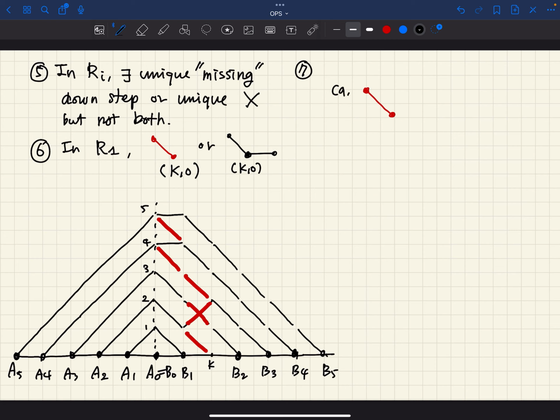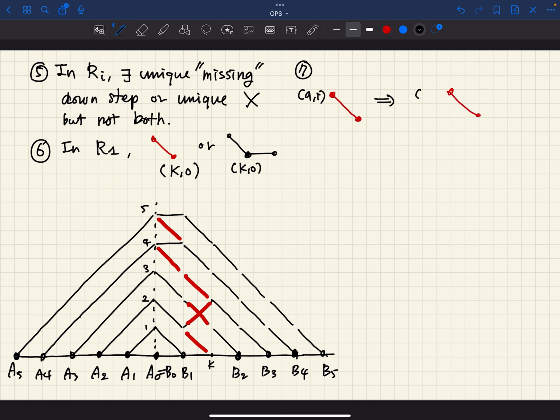But let's say this is a comma i. We have a missing down step here. That means we have to have a minus 1, i plus 1. Sorry about that. A minus 1, i plus 1. Oh yeah, this one, yeah. In this case, if we have a configuration like this, then we must have one of these situations.